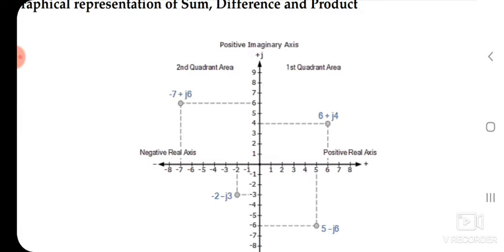If both parts of a complex number are positive, then that complex number is present in the first quadrant. If the real part is negative and the imaginary part is positive, then that complex number is present in the second quadrant.